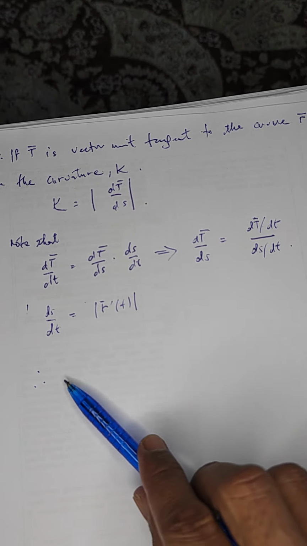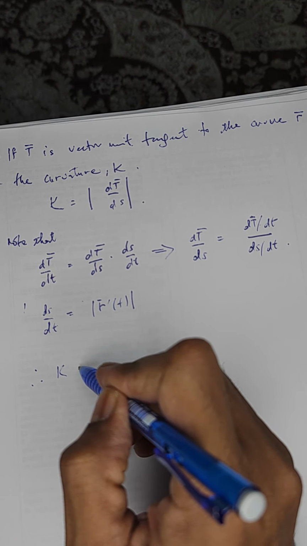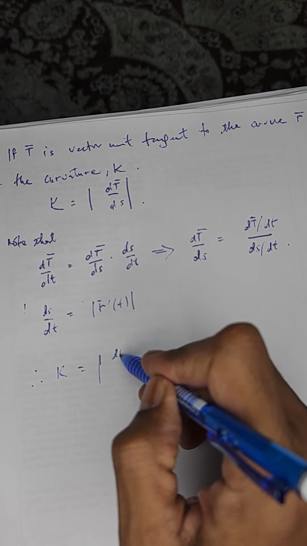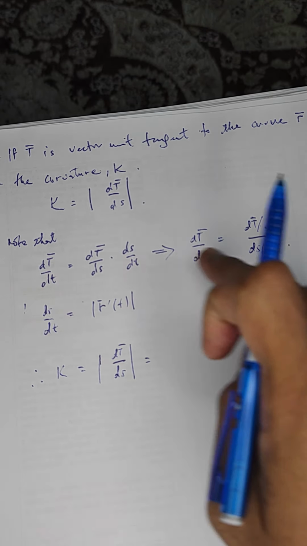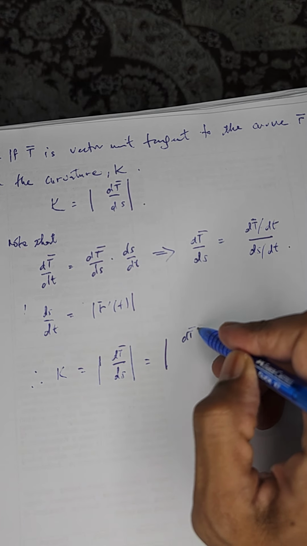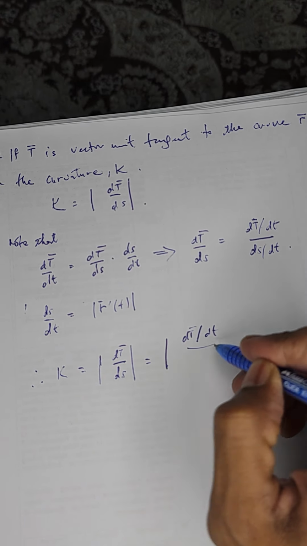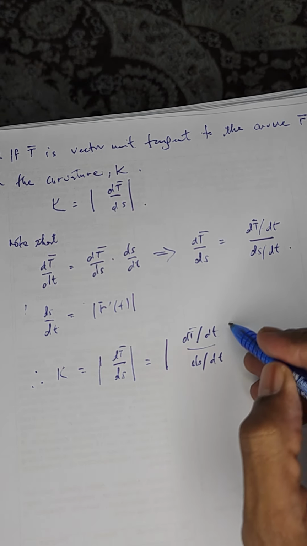So from here we have kappa. This is dT/ds, and dT/ds is equal to this thing. So we have dT/dt over ds/dt.